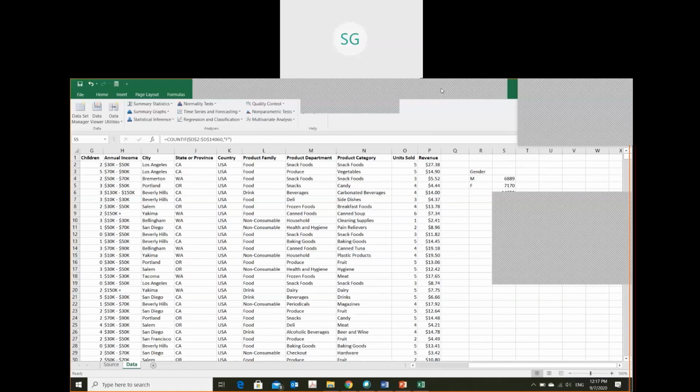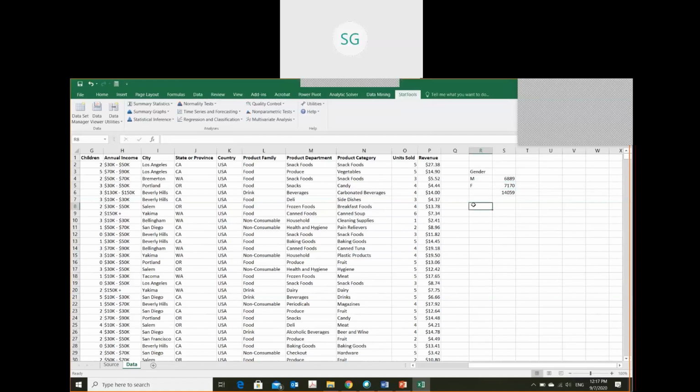No question? Okay. Let's move on. This way we can report categorical variables. And you can also count the percentage. For example, to report the percentage, this is the count and percentage. You can divide it by the total. That equals S4 divided by the total, S6.